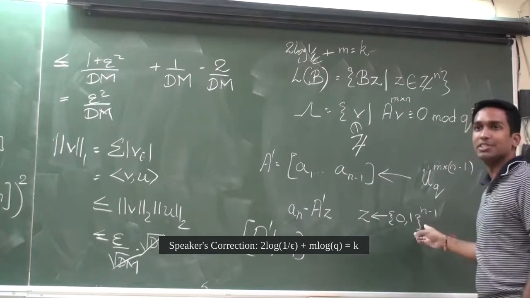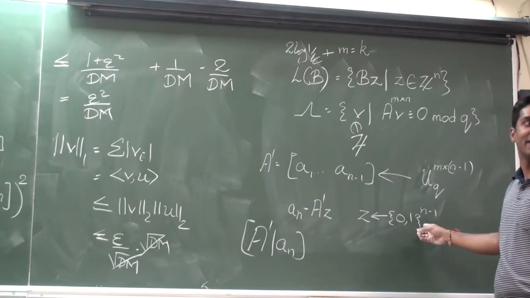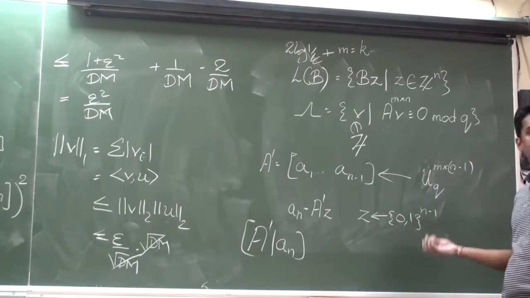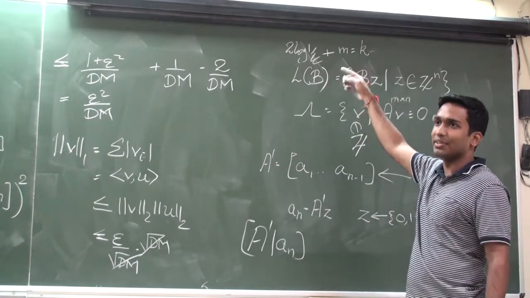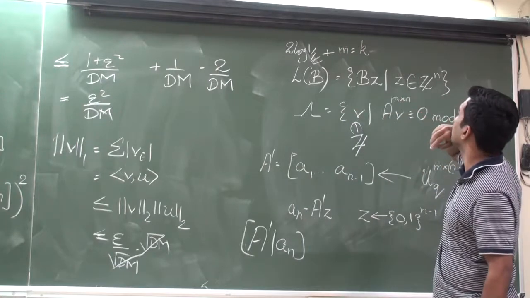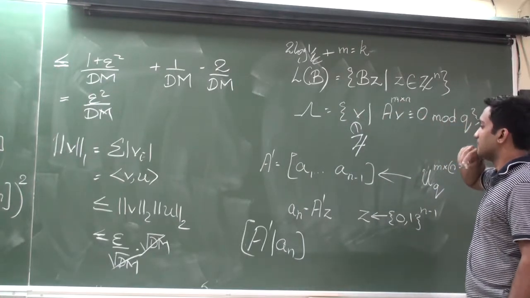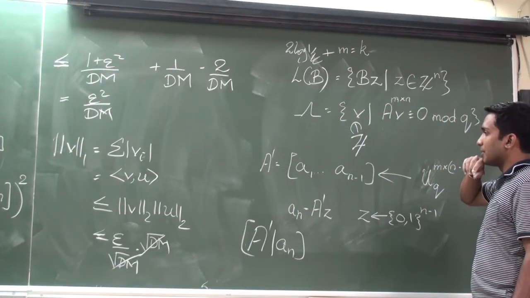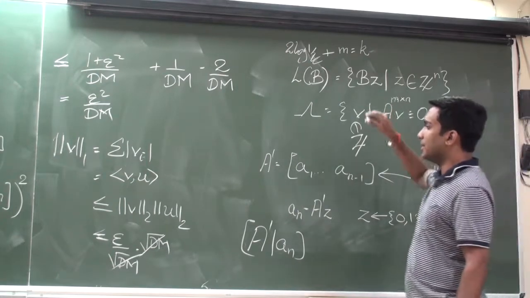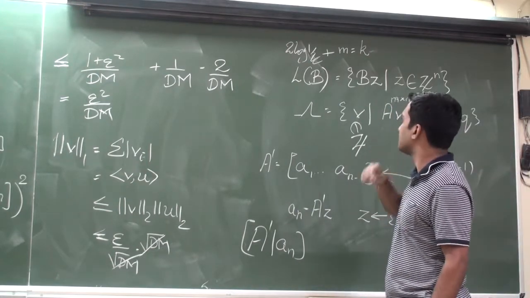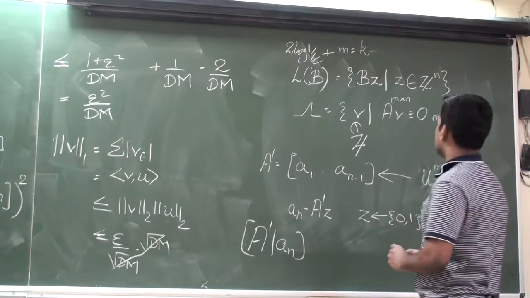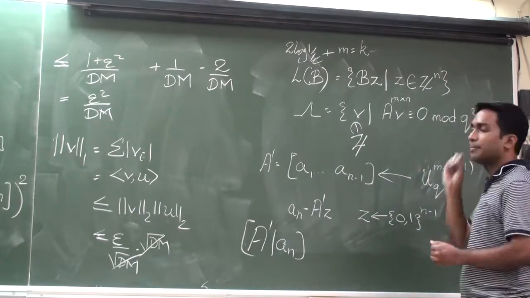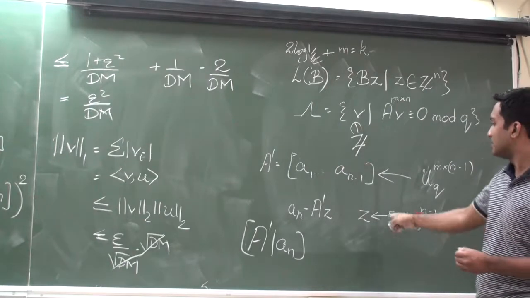So what is the min-entropy of this distribution? It is n minus 1, so n minus 1 should be greater than this much. So you get a relation. Observe that the min-entropy over here is that.